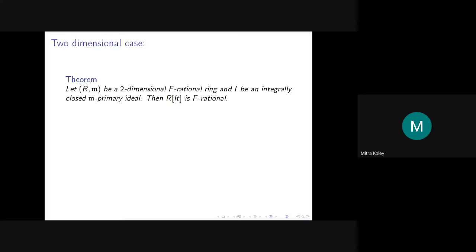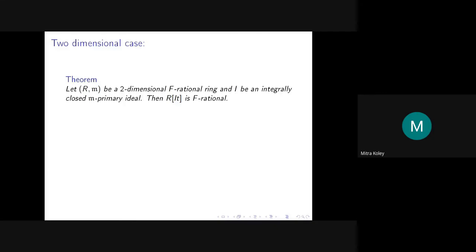I'd like to mention that this theorem also has an analog in rational singularity, which says: let (R, m) be a two-dimensional rational singularity, and let I be an integrally closed m-primary ideal. Then the Rees algebra is always a rational singularity.